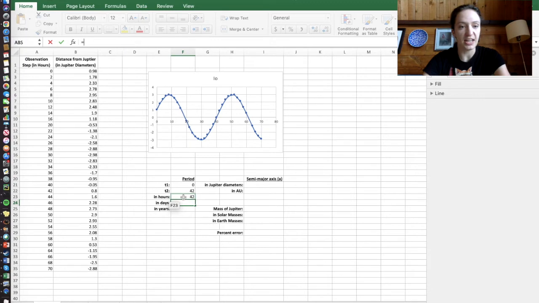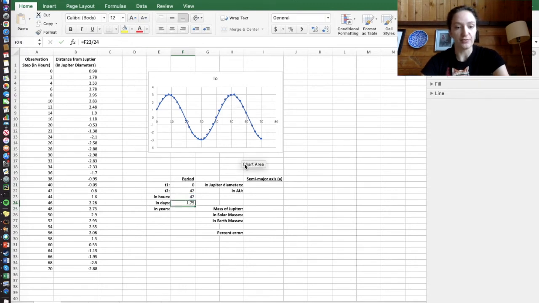This tells it to take the value from the cell F23, F being the column, 23 being the row, and then you're going to divide that by 24 hours, right? How many hours are in a day? 24. So you have something in hours, you want to convert it to days, you divide it by 24, and then you press enter. And it gives me 1.75.